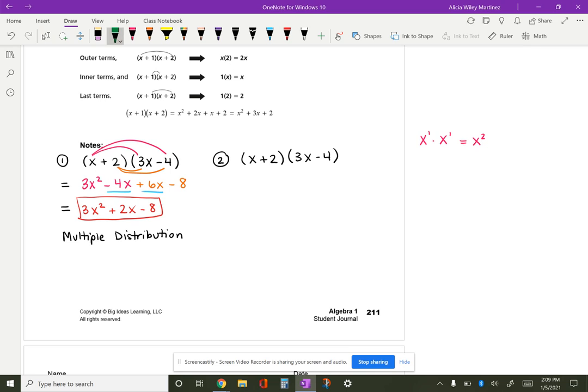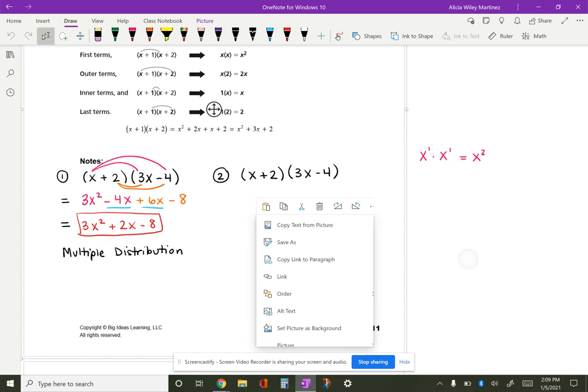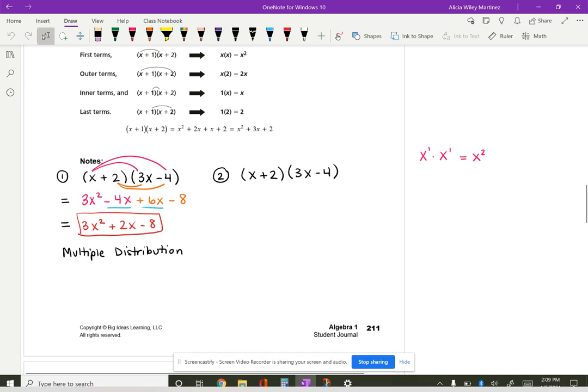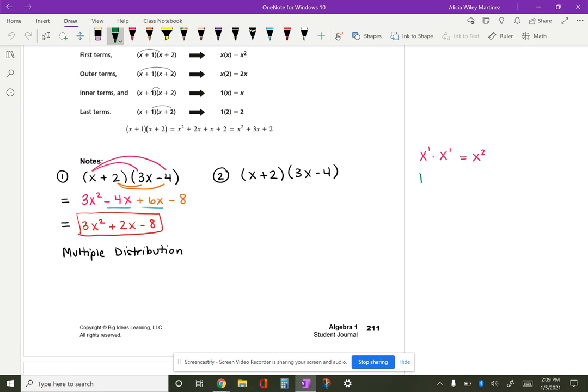And the reason I like to introduce FOIL is because other teachers might use FOIL, and I want to make sure that you've seen it before. Okay, so the FOIL method is this idea of using a mnemonic device of the word FOIL to know what you need to multiply together.